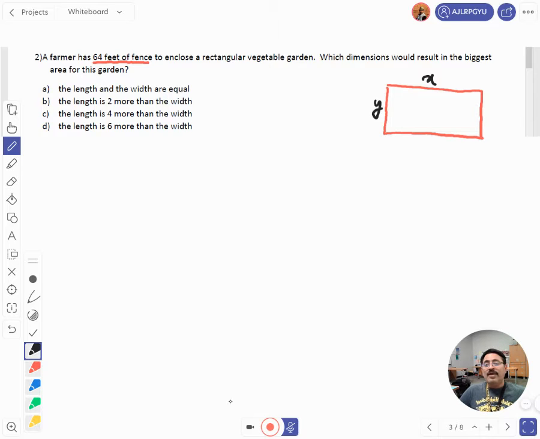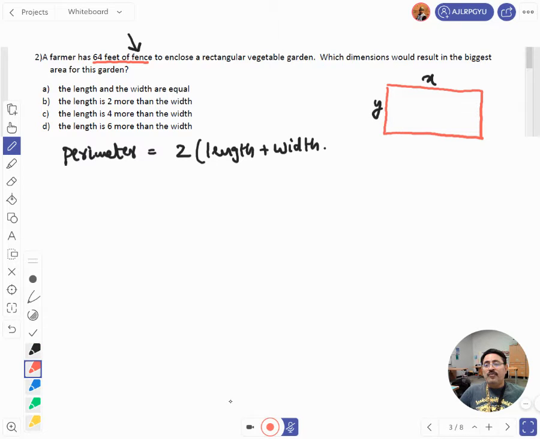So please remember, fencing means we put it around the field, right? Okay. Therefore, the perimeter of a rectangle is perimeter equals 2 times (length plus width), right?